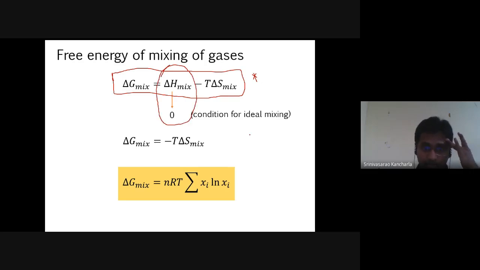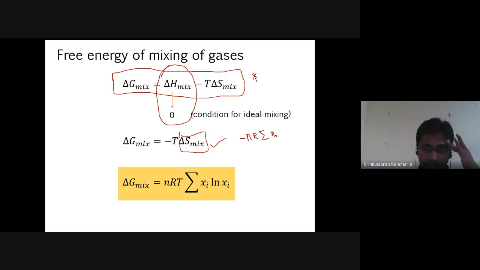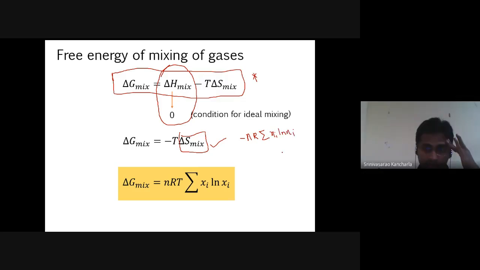So this will turn into this equation, and the expression for delta S mixing is known to us: minus nR summation of Xi ln Xi. You just substitute that one here. So this is what you will get for delta G mixing.